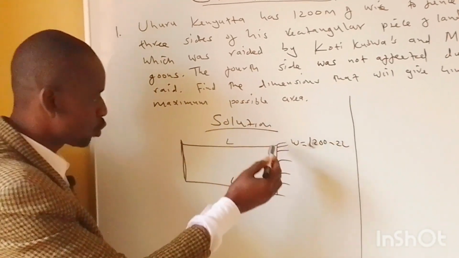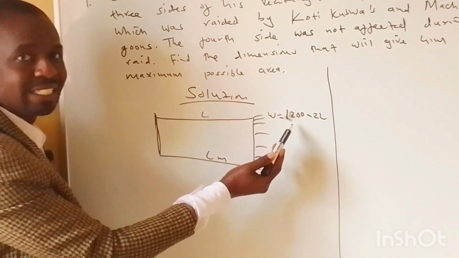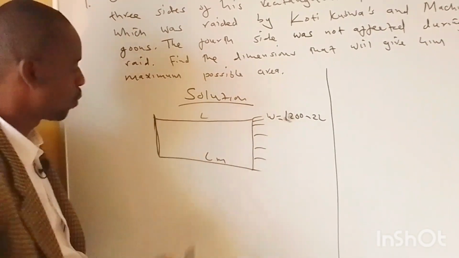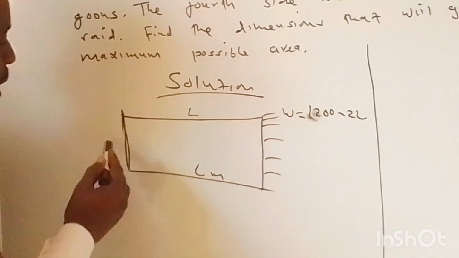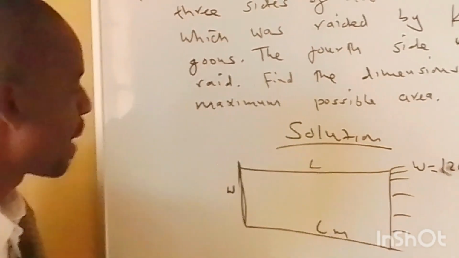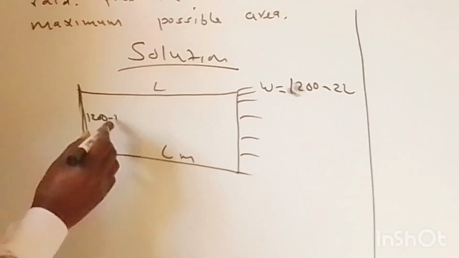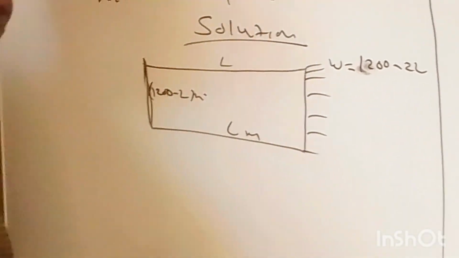Then we subtract from the total, because when you add this, and that, and that, it should give you 1,200. So W in terms of L is 1,200 minus 2L.